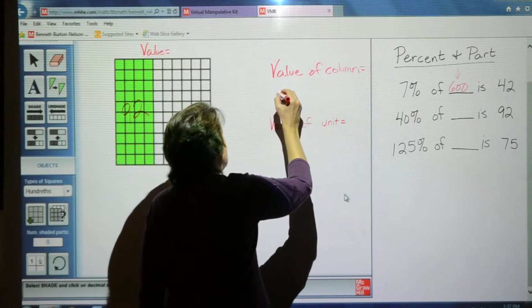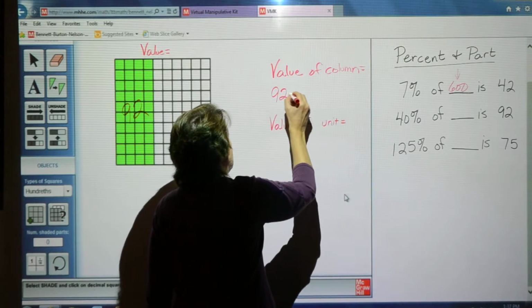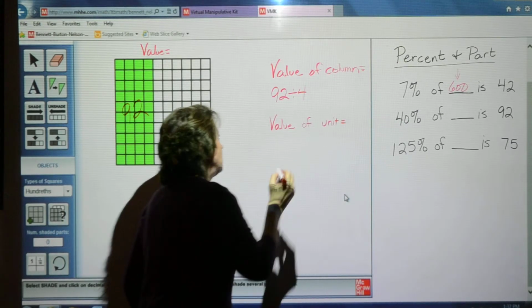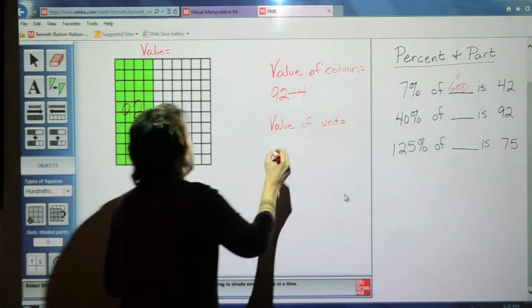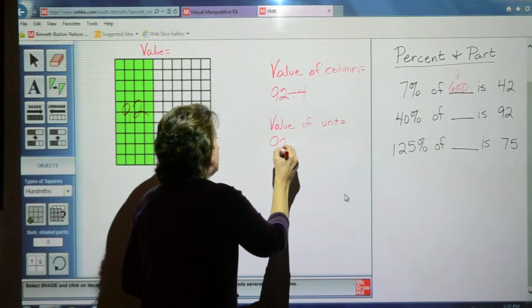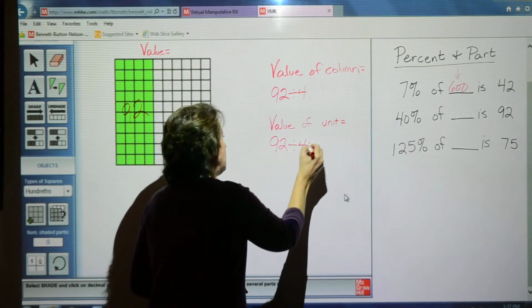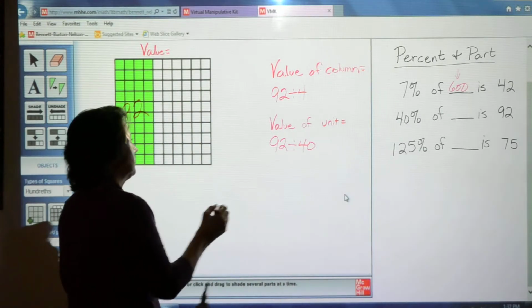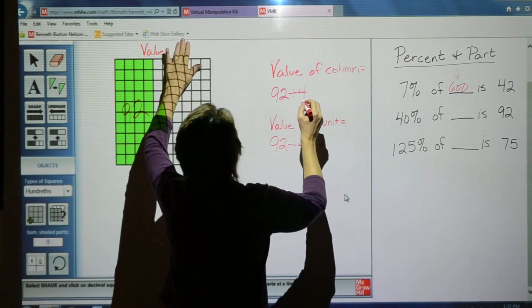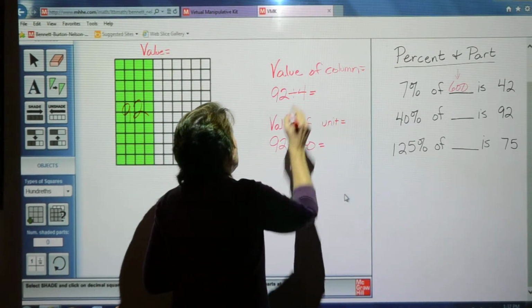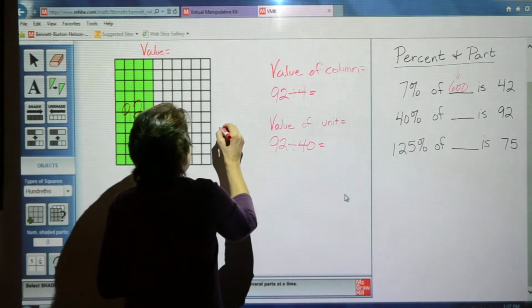Well, I can do 92 divided by 4, because there are 4 columns, so I want to know how much one is worth. Or if I want to do the units, I can do 92 divided by 40, because there are 40 little units. They'll both give you the same answer for the value. Let's do this one because it's easier.